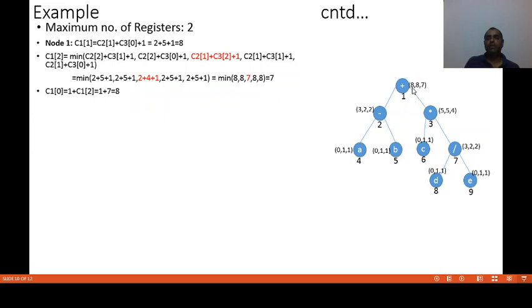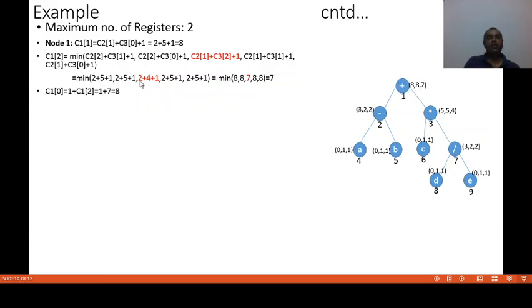That means for 0, 8, for 1, 8, and for 2, 7. So you can see the cost for the first node when I am using 1 register is 8, when I am using 2 registers is 7, and when I am using 0 registers is 8. So in this vector, the minimum cost is 7. That means we will use 2 registers to evaluate this node.